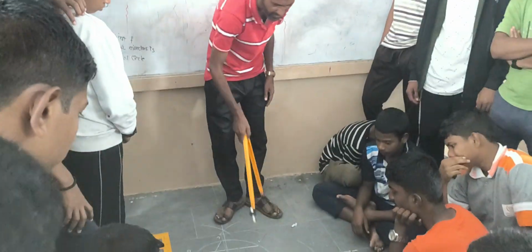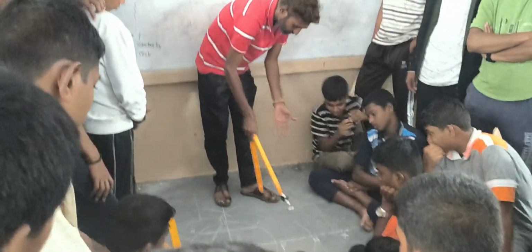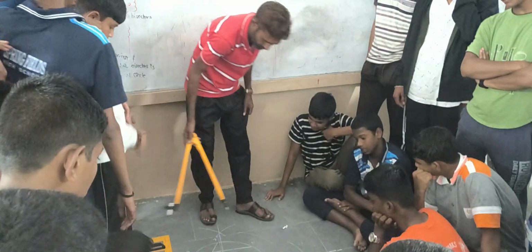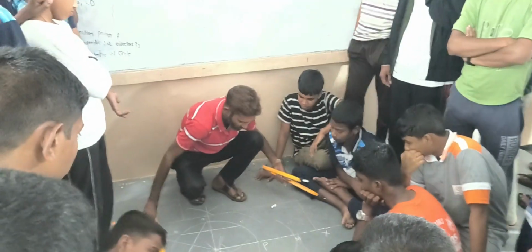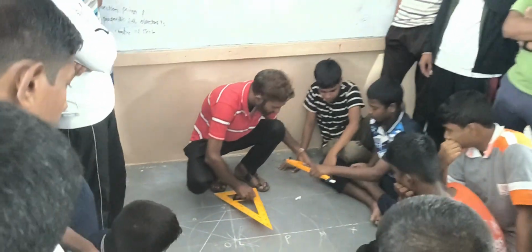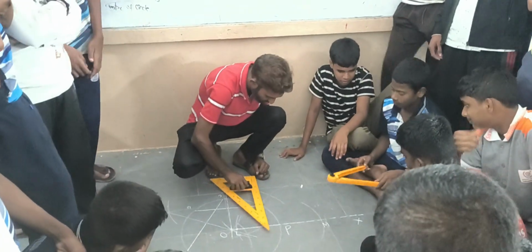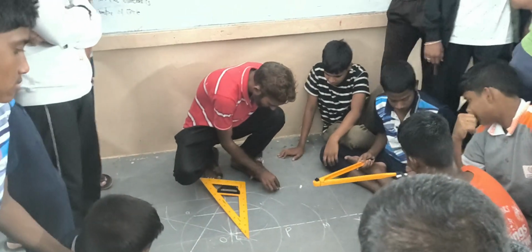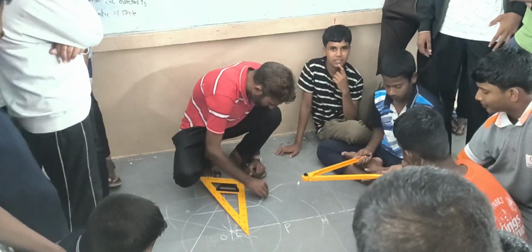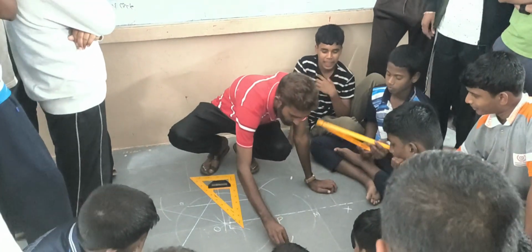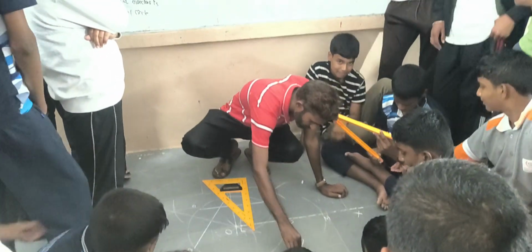Now we are getting the intersection points, I mean the arcs are intersecting, right? So let's join these two intersection points. Is it visible? Yes, sir. So I am not drawing once again. You have clear visibility.